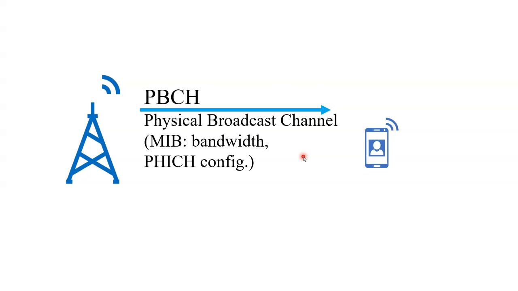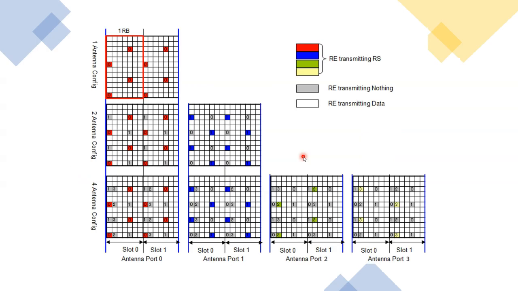Then the broadcast channel will be sent with the MIB, or the master information block. This shows reference signal sequences for single transmission, 2x2 MIMO, and 4x4 MIMO. This mod 6 calculation is enough for single transmission, and mod 3 is required for MIMO.